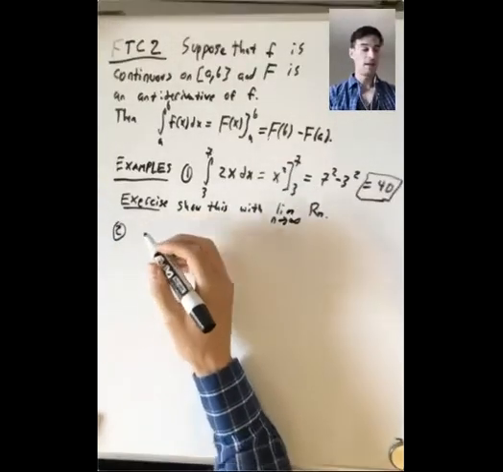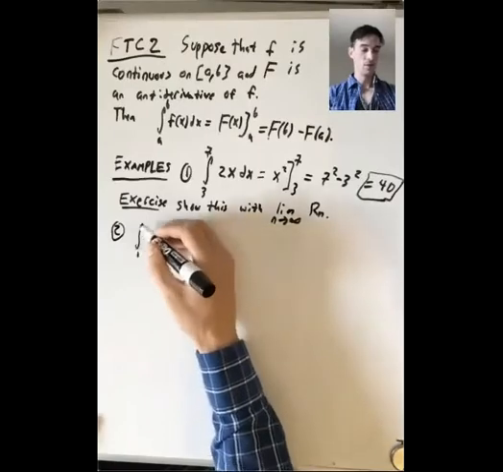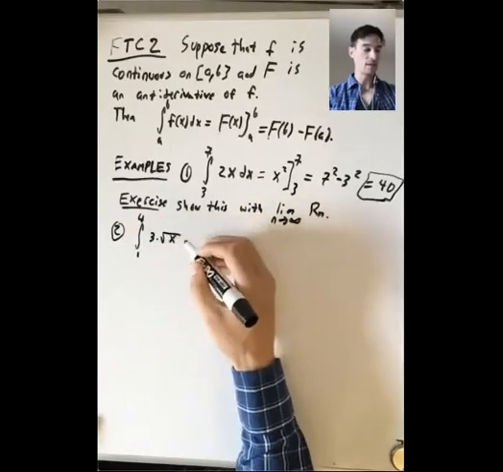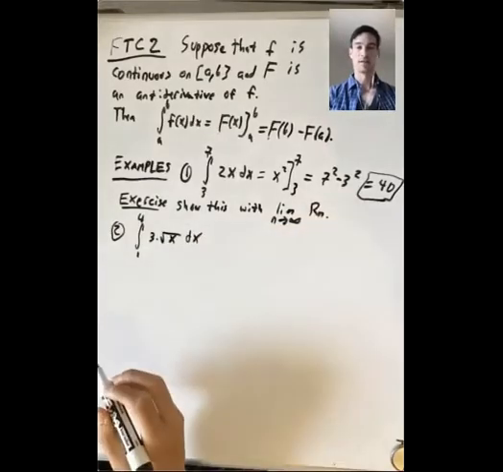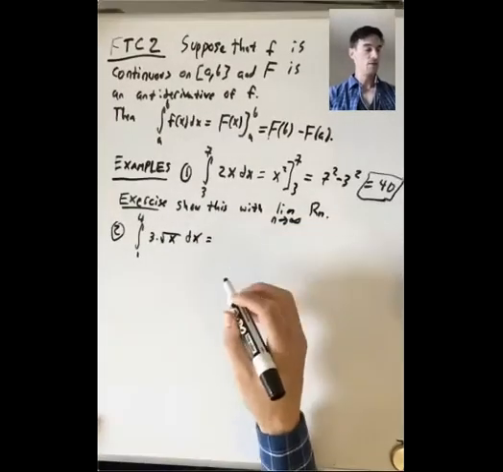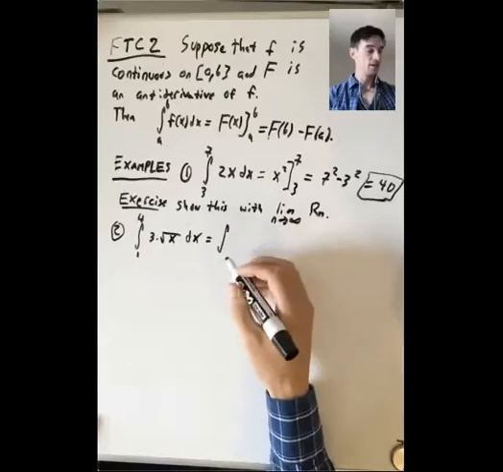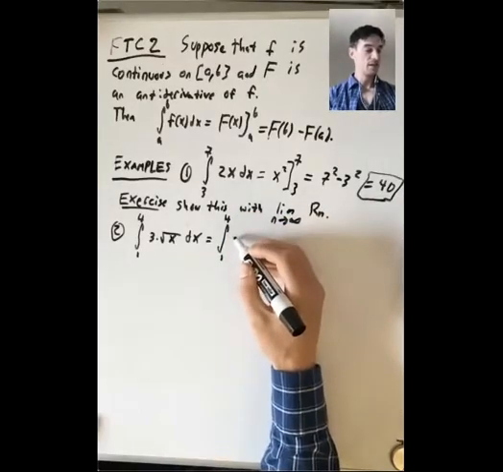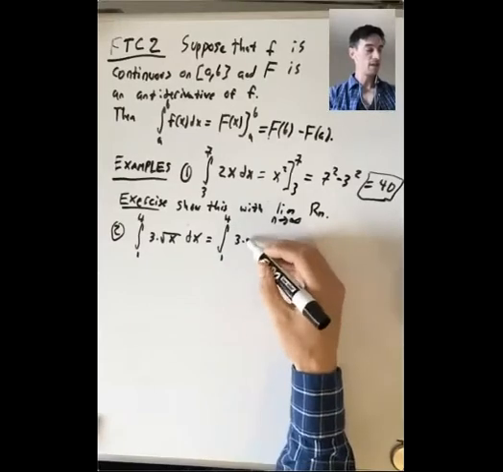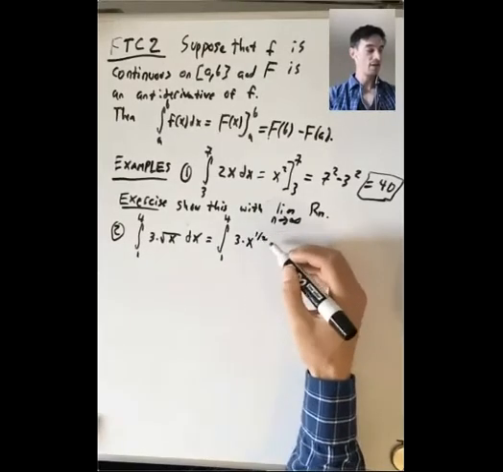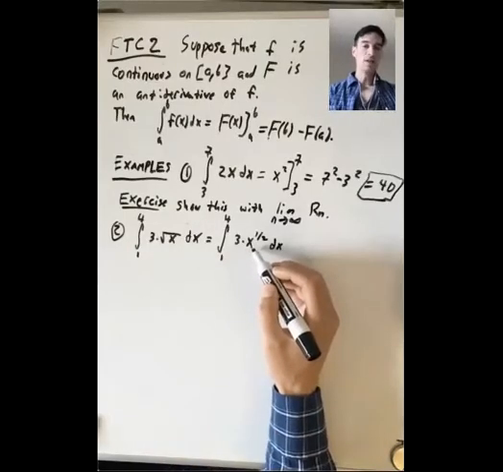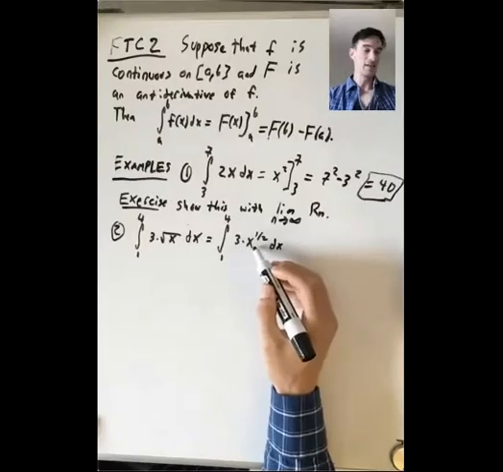OK, next example, the integral from 1 to 4 of 3 times the square root of x dx. Well, I find it a little easier to rewrite this a little. This is 3 times x to the 1/2 dx. So what is a function whose derivative is 3 times x to the 1/2?